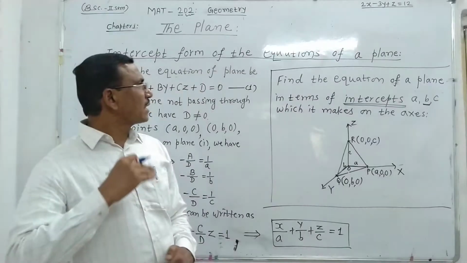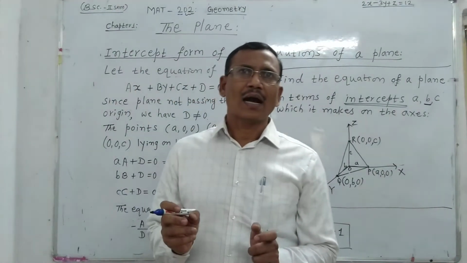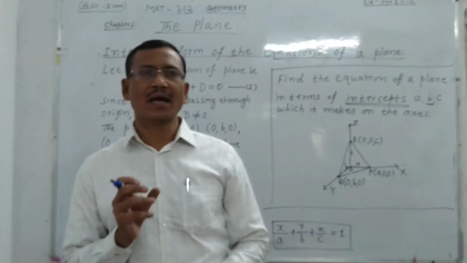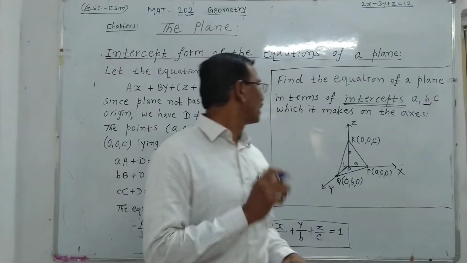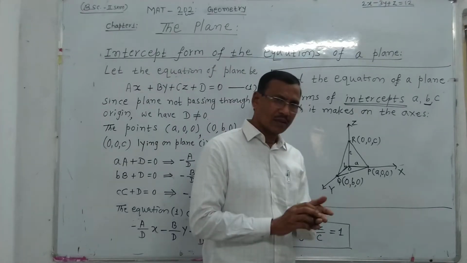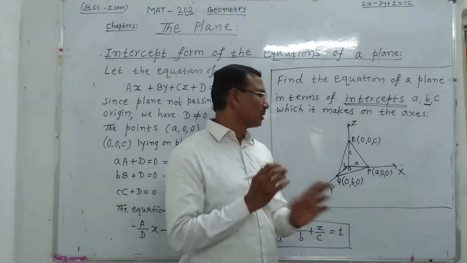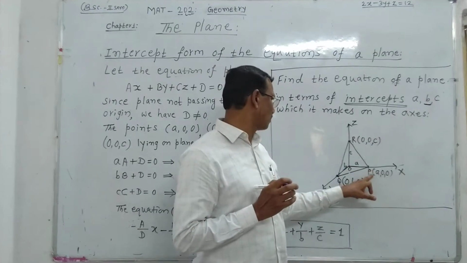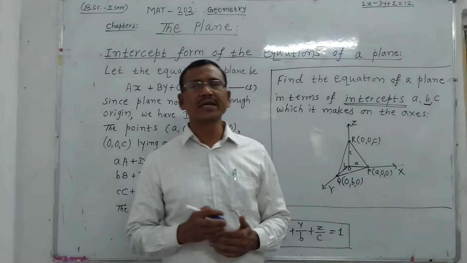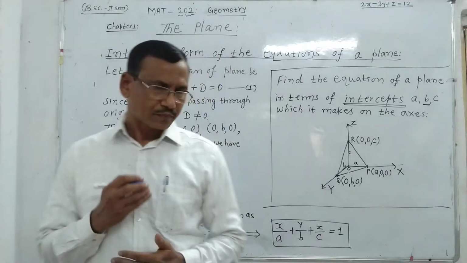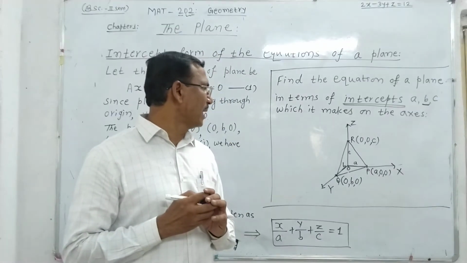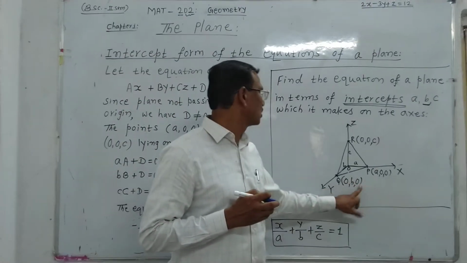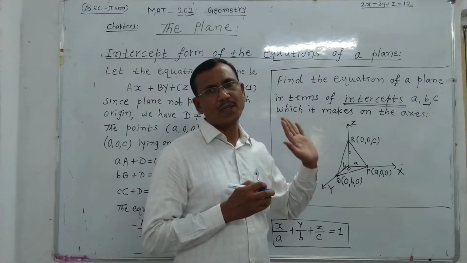That means if a, b, c are the intercepts made by the plane on the coordinate axes, and the plane cuts the coordinate axes at points P, Q, R respectively, then coordinates of point P are a, 0, 0, Q are 0, b, 0 and R are 0, 0, c.